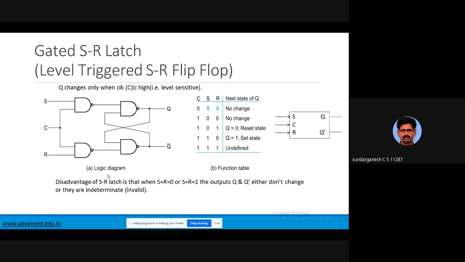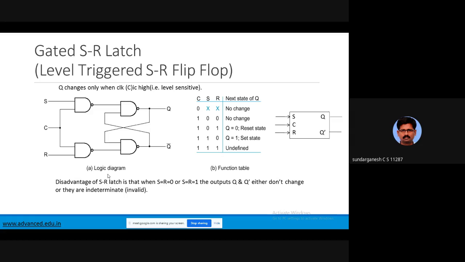So in flip-flops, you should always remember that when both the inputs are 0, the output will not change. It will remain in the previous state. When S equal to 0, R equal to 0, it will remain in the previous state. There is no change in the output.